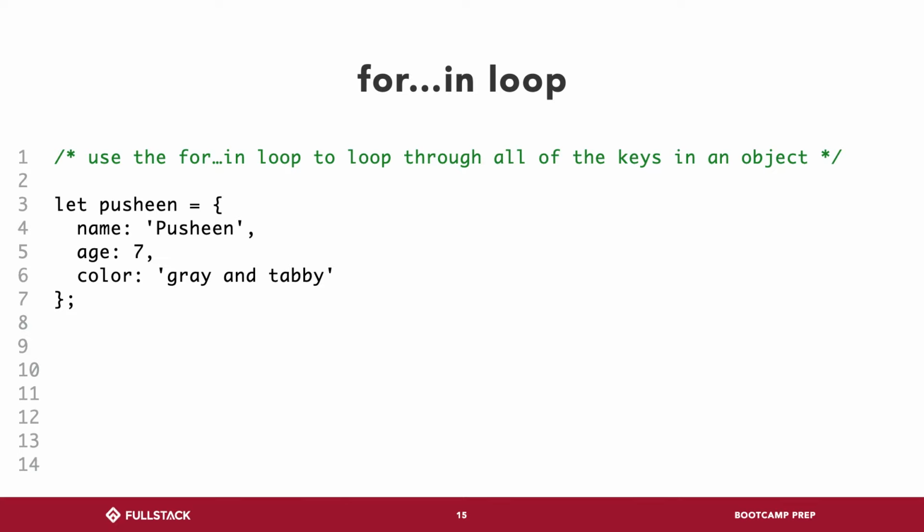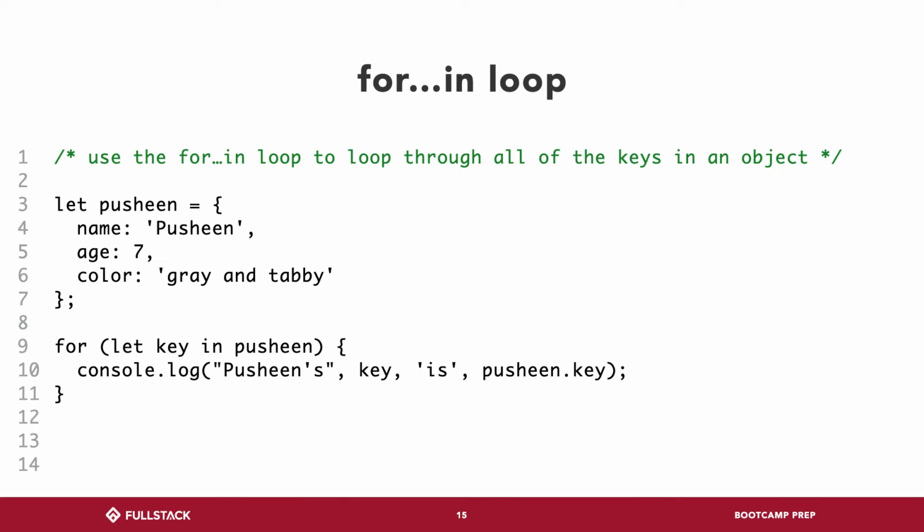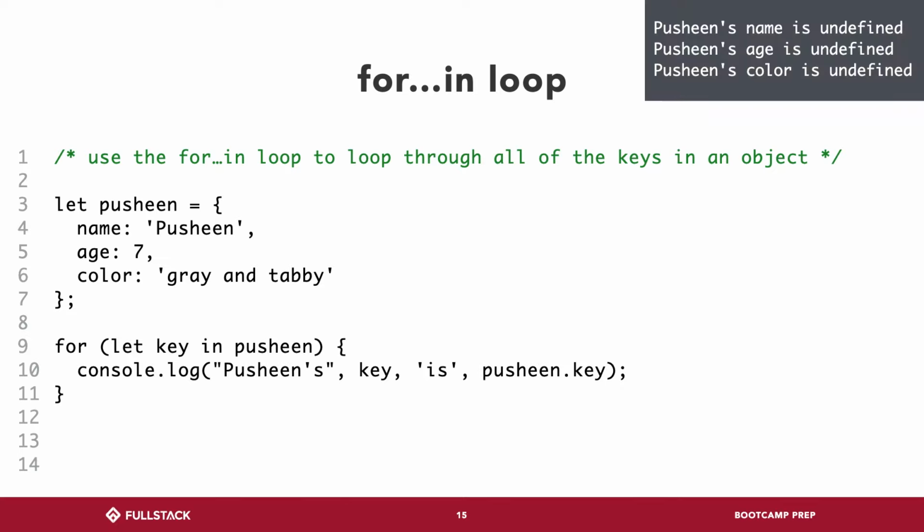Use the for in loop to loop through all the keys in the object. Ha! Pusheen's name is undefined, age is undefined, color is undefined. Because we're using dot notation, so we're no longer looking for what the value of key is every time. And you see key does have a value: name, age, color. It's a variable.